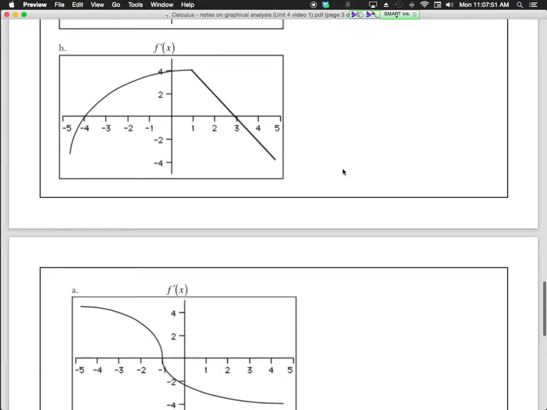Alright, H. Chelsea, H. There's a critical point at x equals -4 and 3. I agree.